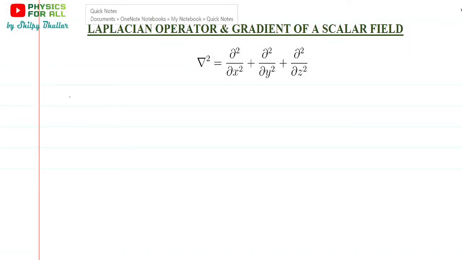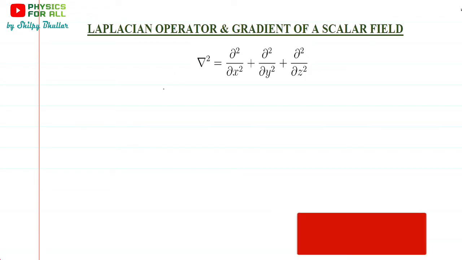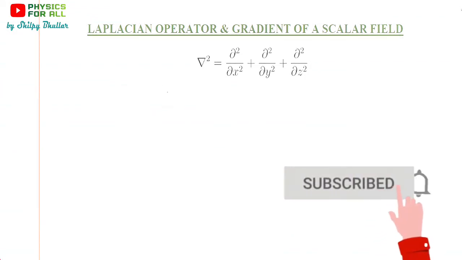How to derive this? Well, as you can see, this particular upside down triangle looks like the del operator. So that means we would use the del operator to understand and derive the Laplacian operator. Let's get started.